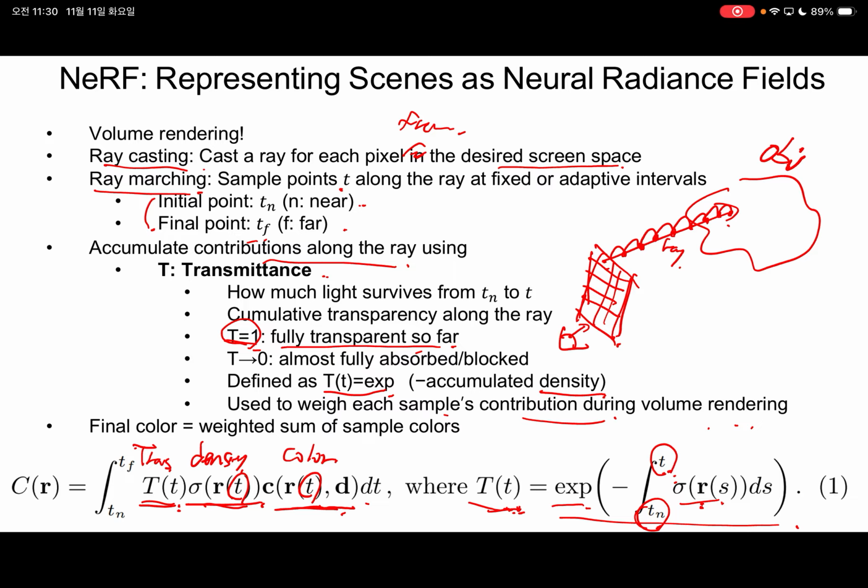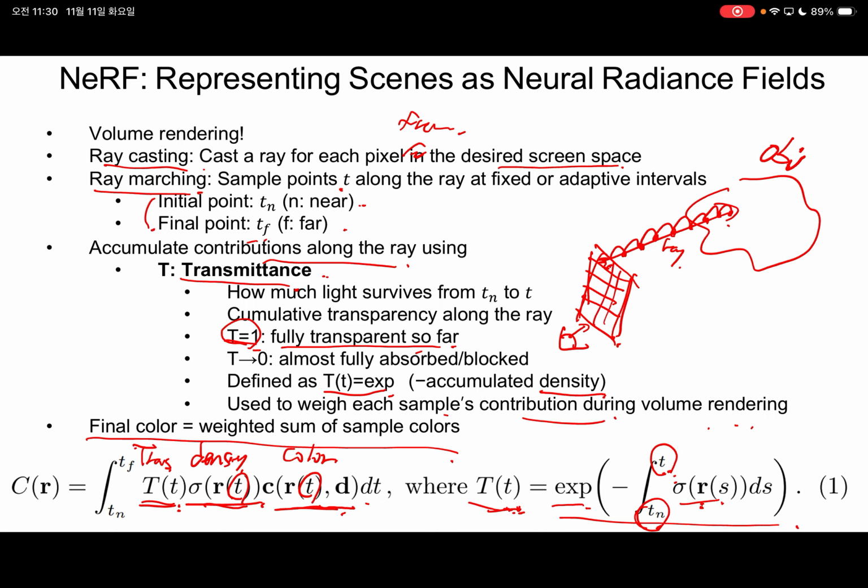So we keep accumulating the color by weighting it by the transmittancy. And the accumulated color becomes the final color, that is the weighted sum of sample color. Then we can get the color of this pixel. So for each pixel, we shoot a ray and then do ray marching.